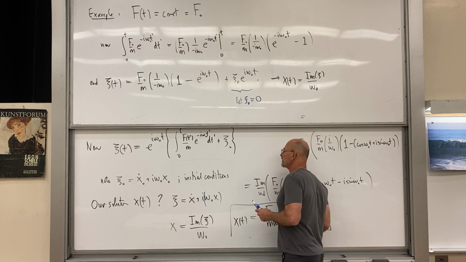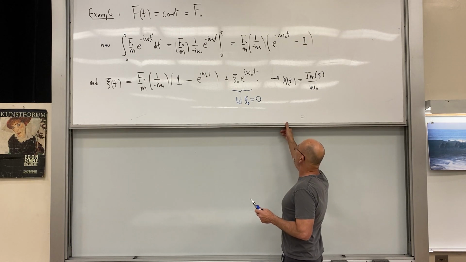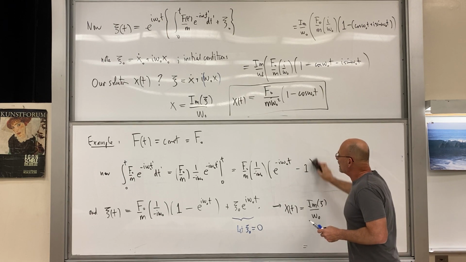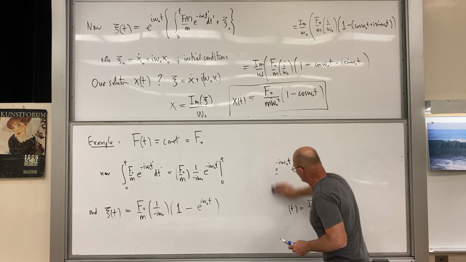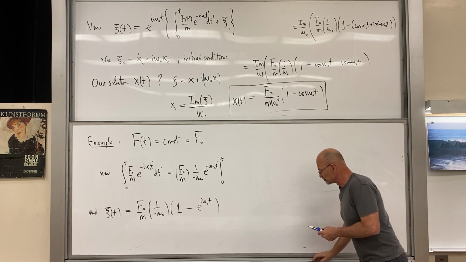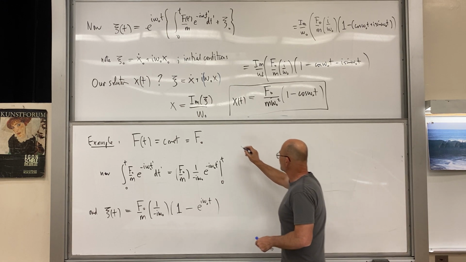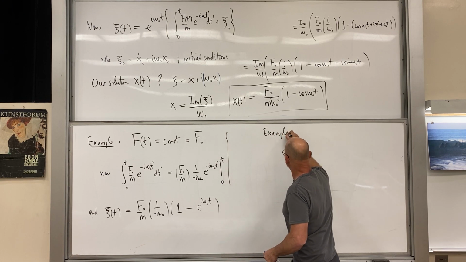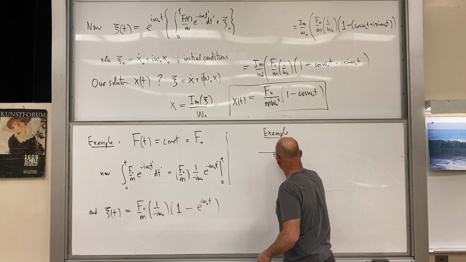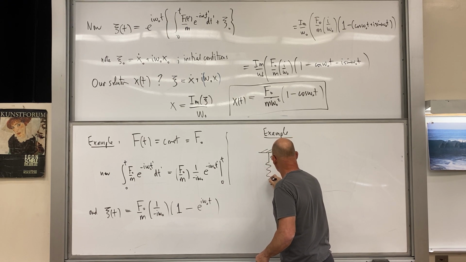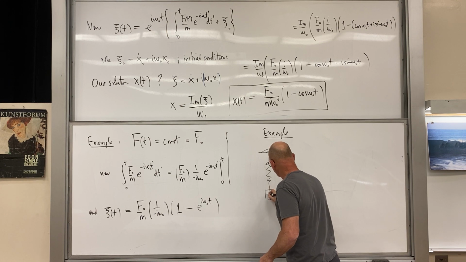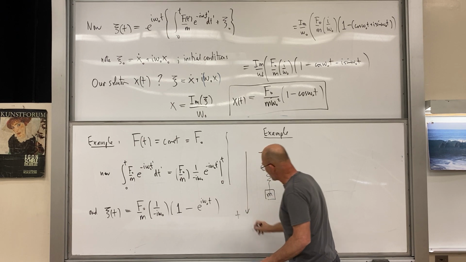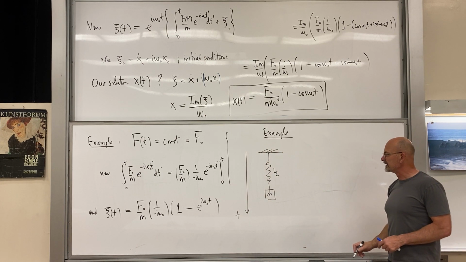Right under here, let me give an example. Suppose we have a mass hanging on a spring, and I'll make the positive direction the down direction.